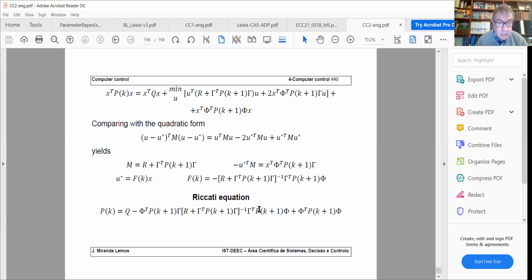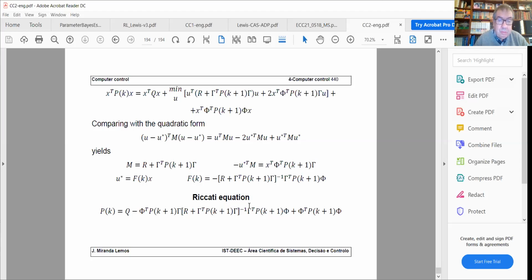When the problem is not a scalar one, so P is not a scalar, you have to resort to numerical methods to solve this equation. That's why we use DLQR that solves this so-called infinite horizon problem. So this is one use of dynamic programming, to solve the linear quadratic problem. It's not a small use.